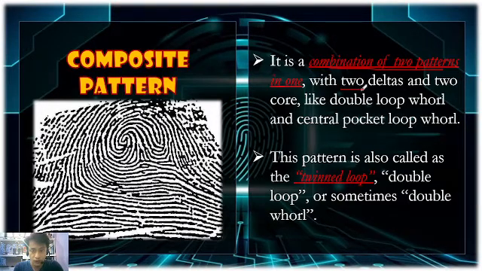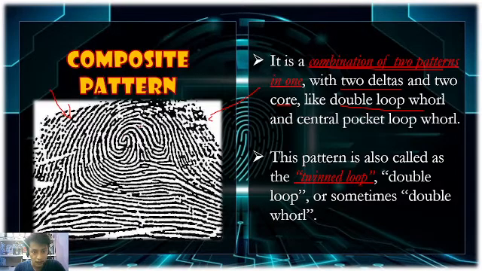As a rule, it is composed of two deltas and two cores. As you can see in the picture, this is an example of a composite pattern, which we can call a double loop whirl. Later on, we are going to discuss further, one by one, in the formal lecture. But as an introduction, bakit natin nasabi na double loop whirl?